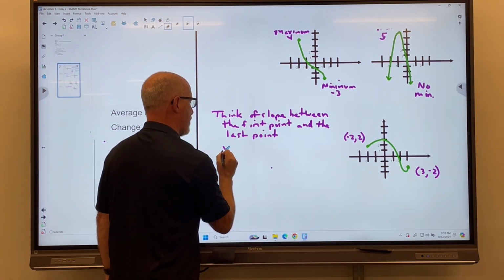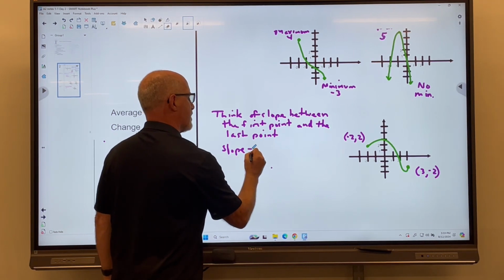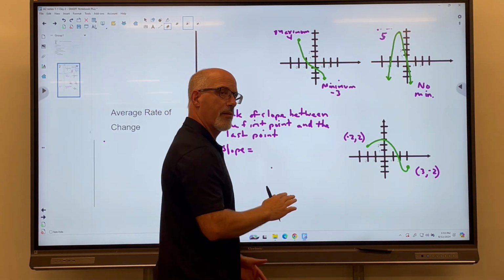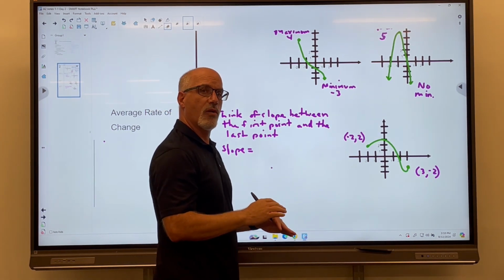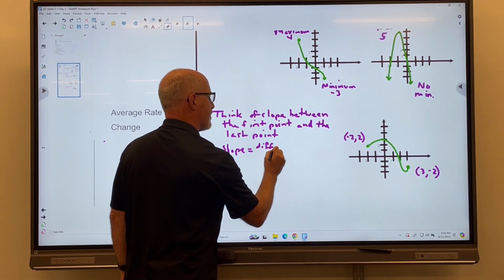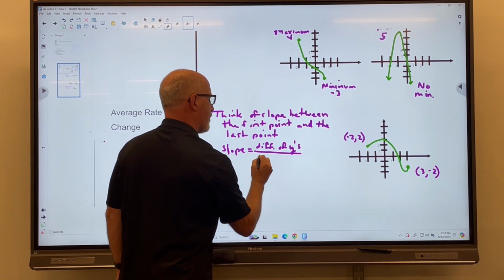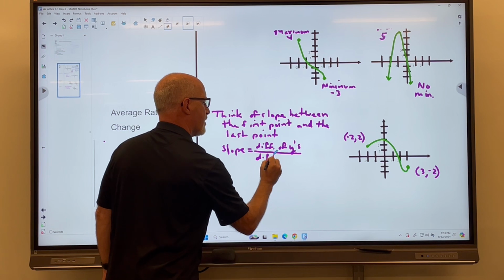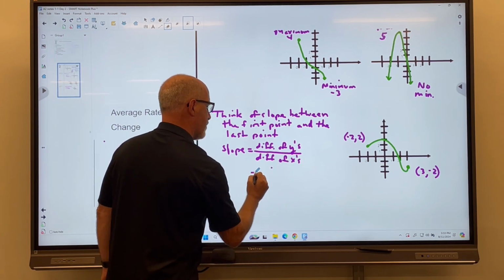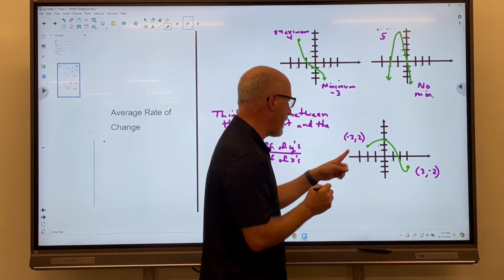A reminder of what slope is: slope equals the difference of the y's over the difference of the x's, or rise over run. So let's take this y, -2, and subtract the 2.